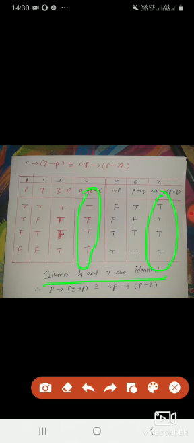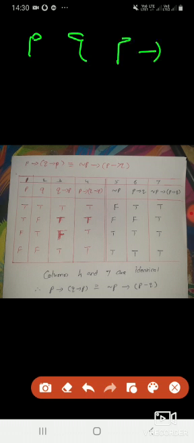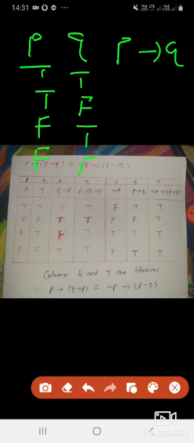Now listen, here we are using the truth table of the conditional property. So what is the conditional property? P, Q, P implies Q. With P as true, true, false, false and Q as true, false, true, false, it is true, false, true, true.